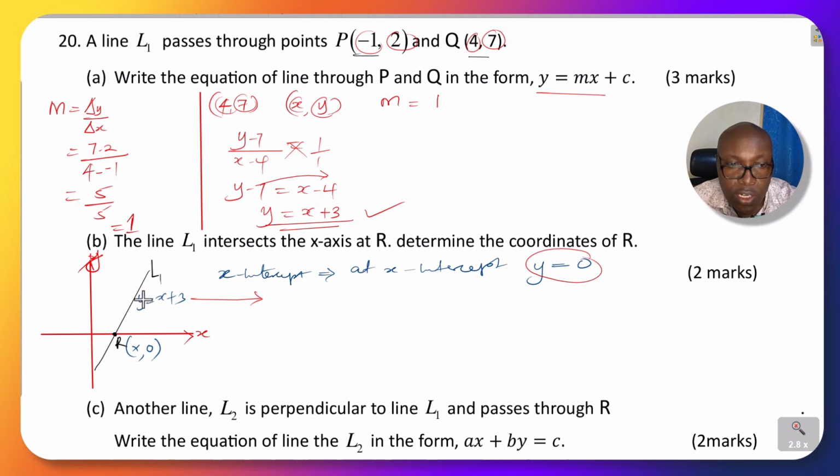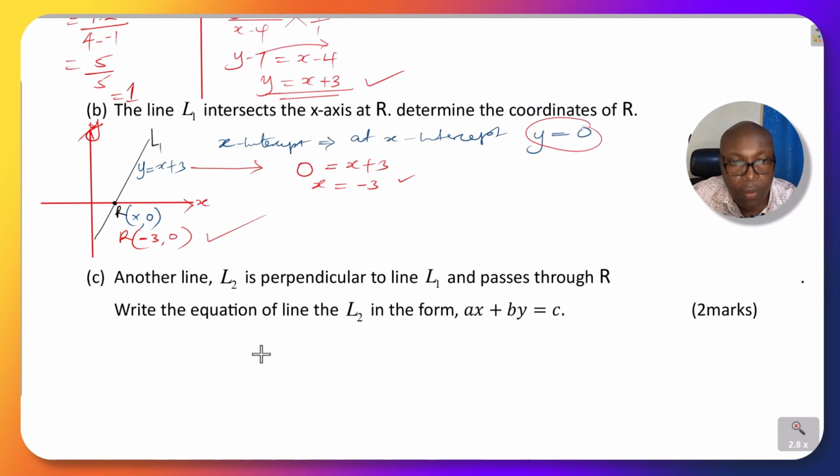So substitute y with 0: 0 = x + 3. This gives us the x-intercept, the point where the line cuts the x-axis, at x equal to negative 3. So the x-coordinate of point R will be negative 3, and the y coordinate is 0. The coordinates of R are therefore negative 3, 0.